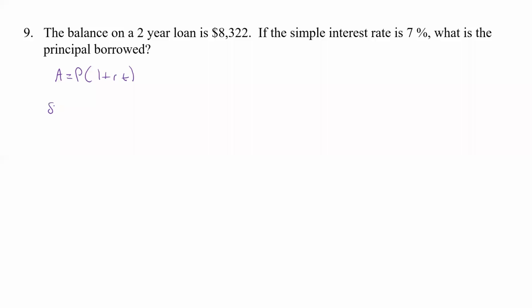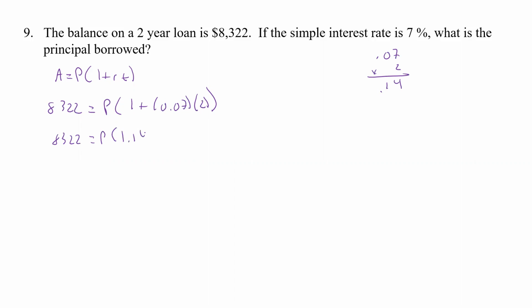So 8322 equals P times (1 plus 0.07 times 2). And so now we have to take 0.07 times 2. And so that's going to be 14. So that's 0.14. And so 8322 equals P times 1.14 because we just add that to 1.